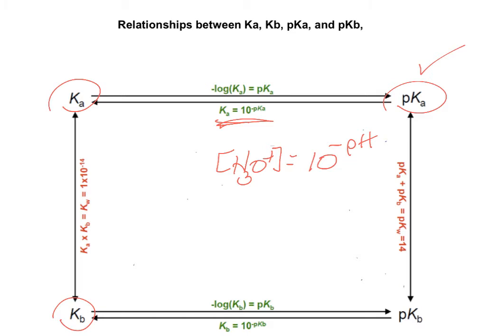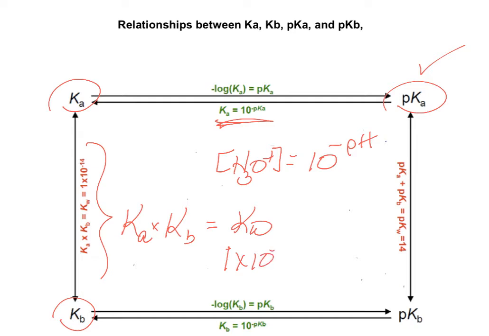Now, a couple of relationships that you may not have seen before: if you multiply Ka times Kb, you get Kw, which at 25 degrees is 1 times 10 to the minus 14.